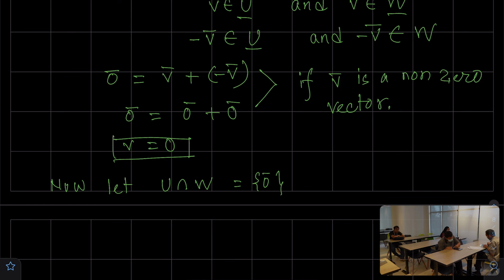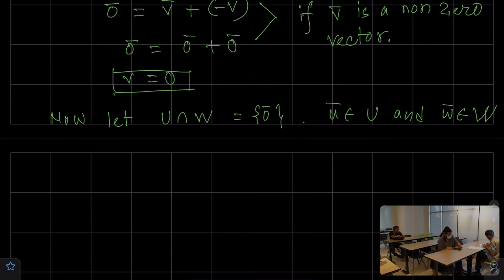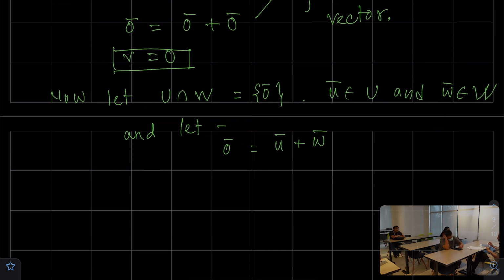Now suppose u belongs to U and w belongs to W, and let 0 vector equal u vector plus w vector. So from this equation, what I can write is u vector equals what? Minus w vector, right?